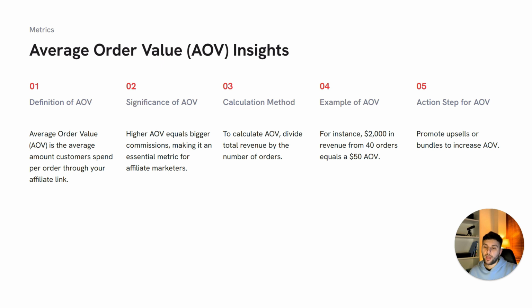Now, the way you calculate that is by dividing total revenue by the number of orders. And an example of AOV is this: if you have $2,000 in revenue from 40 orders, this means a $50 AOV. Very simple. Now, how to increase your AOV?